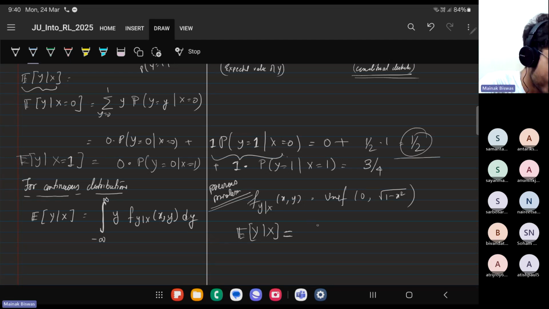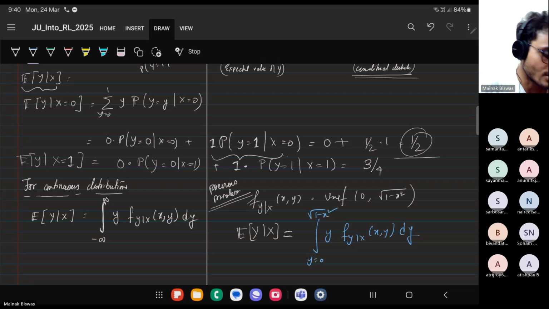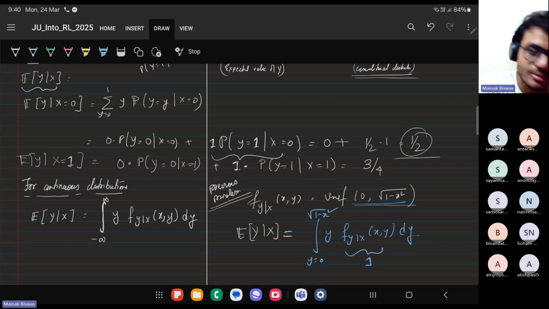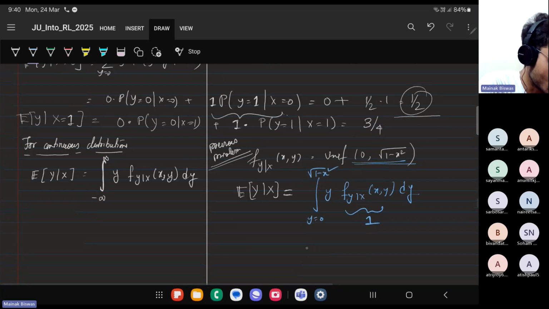So what do I do? Y times f of y given x, dy. Yes or no? Correct? It's given to me. Uniform on (0, 1 minus x square). So this is the integral of y dy from 0 to 1 minus x square.